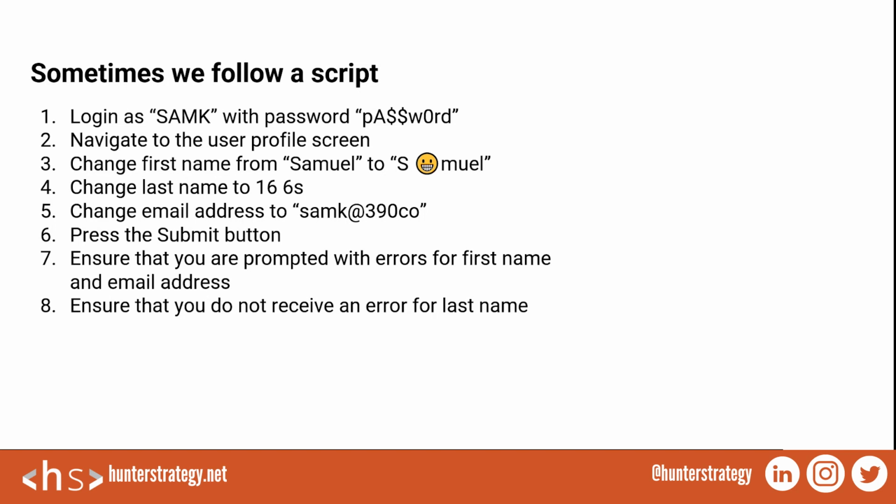Try to change the email address to something that we know is not a valid email address. These are things that I'm going to do in a login or in a user profile page, whatever this page might be. Some things are allowed, some things are not allowed. So some kind of script.